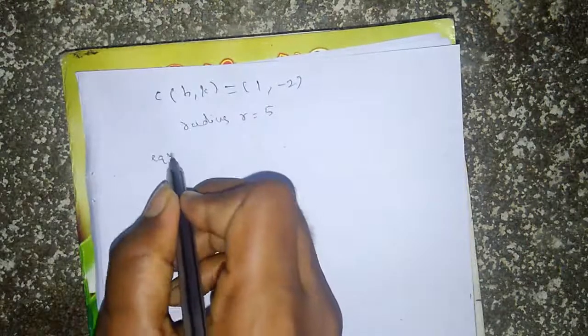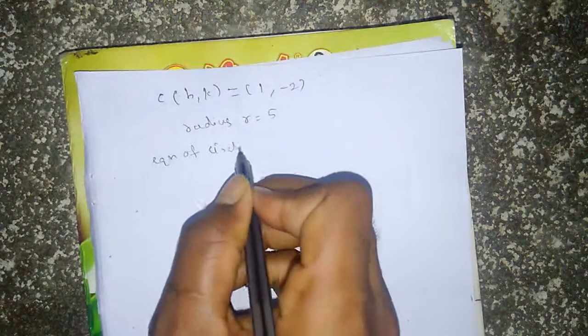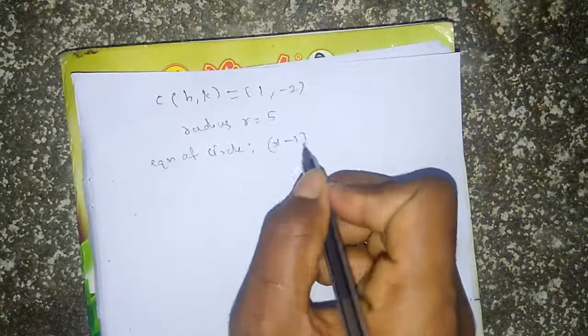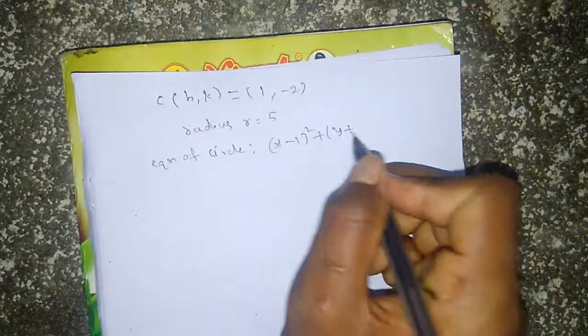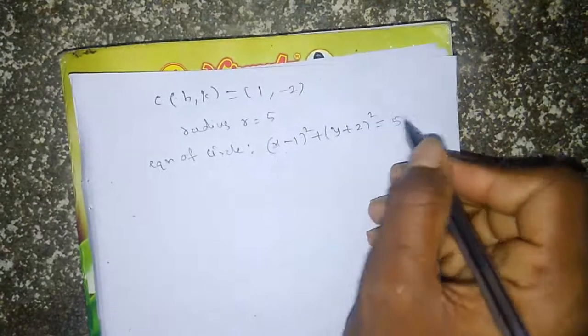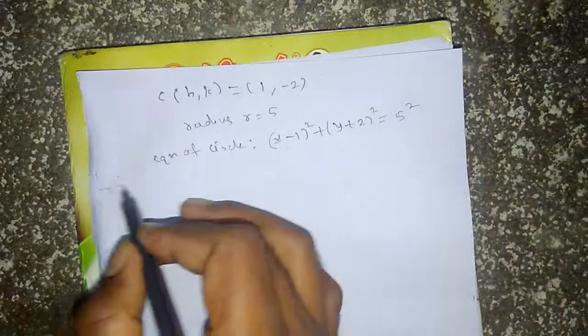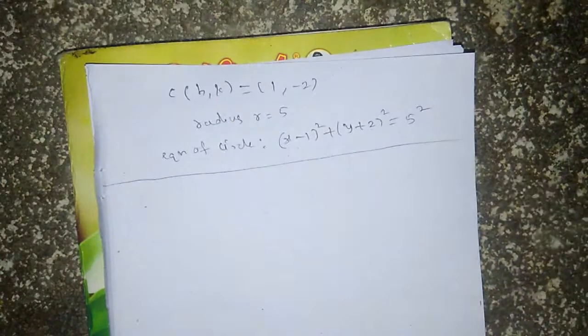Therefore the equation of the circle is (x - 1)² + (y + 2)² = 5². You can simplify this to get the equation.